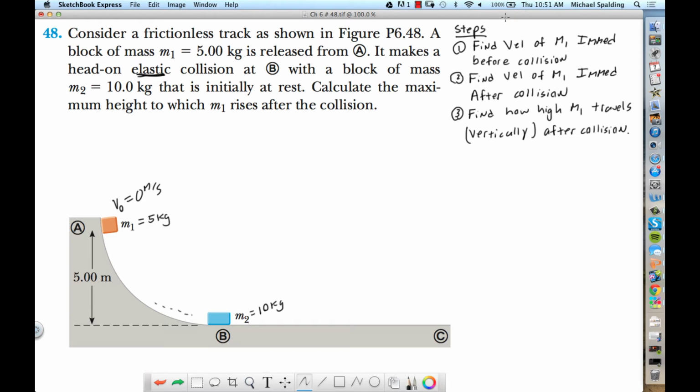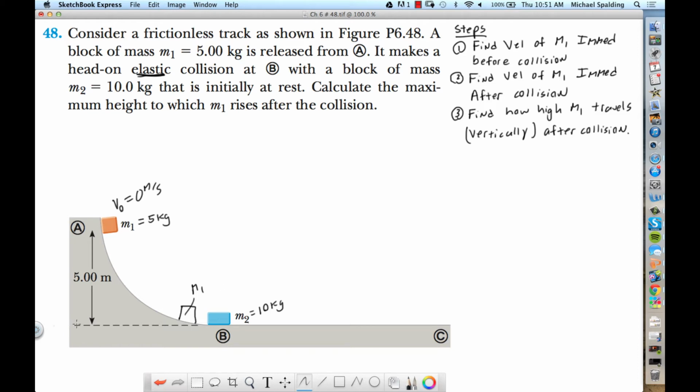The first thing you want to do, step 1, find the velocity of M1 immediately before the collision. So when M1 is right there, what's its velocity? How do we go about solving step 1? Conservation of energy.